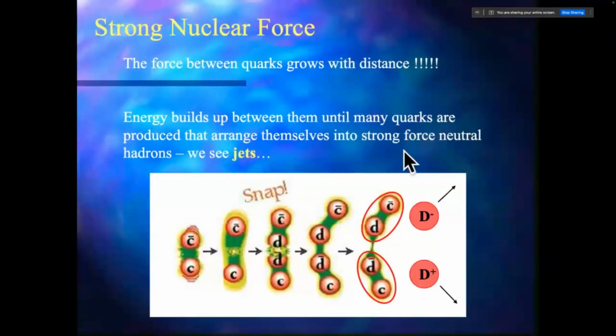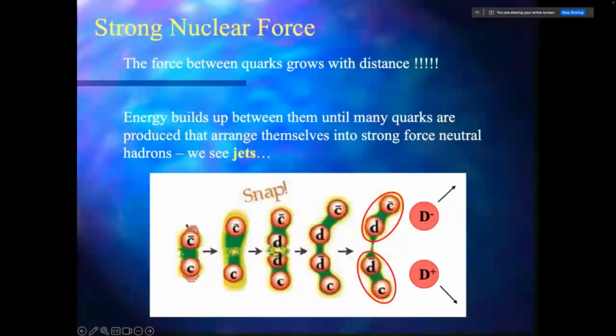And so that means that as you have, say, a quark-antiquark pair separating in space, if they were produced at a collision, they would be back to back, then the energy between them builds up such that at some point it becomes energetically favorable to actually produce a new quark-antiquark pair from the vacuum, such that in the end your final products arrange themselves into things which are neutral under the strong force, so don't actually mutually interact with each other very much.